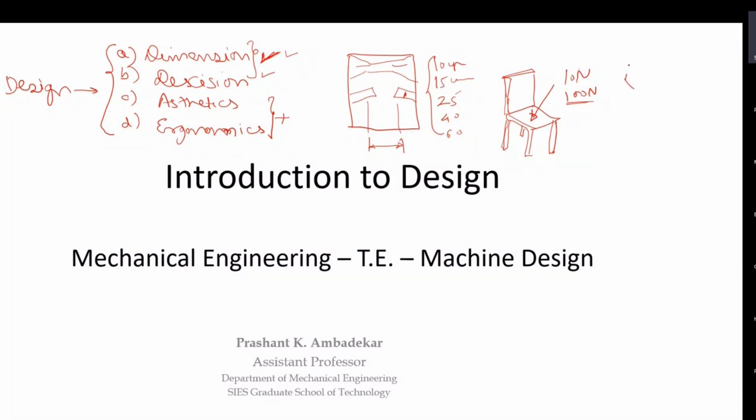The size of the leg of the chair will vary depending on the load. If I use this dimension for a person of weight 10 Newton, then what will happen?